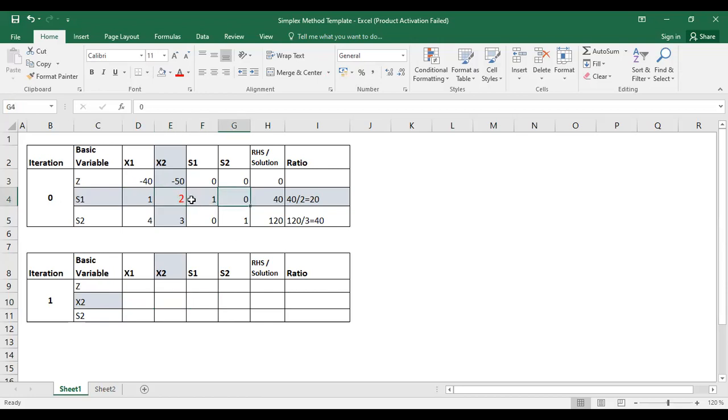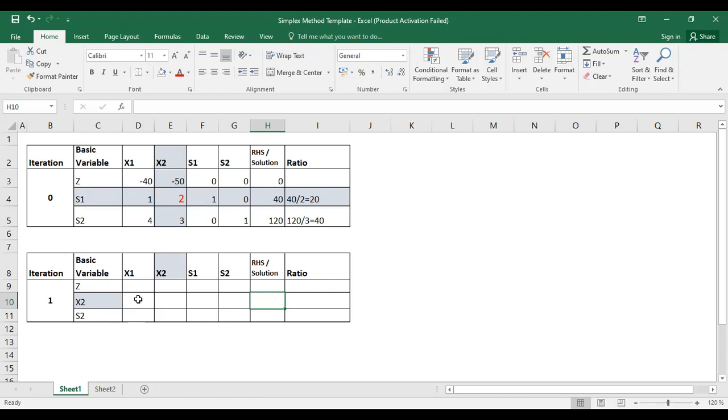Then 0 divided by 2, and 40 divided by 2. So to find the new pivot row values, we divide the coefficients by the pivot element. That is how we find the new values for the pivot row.